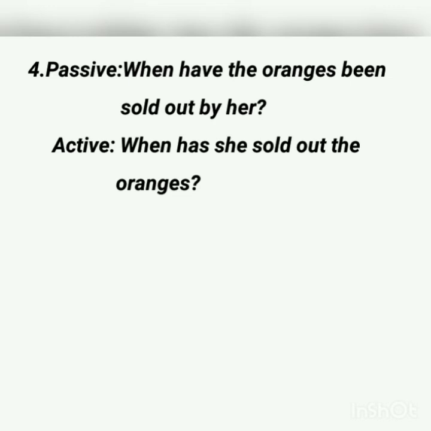Its subjective form is she. She is a singular person, so we have to use has. Now let us change into active. Take down when. Has she sold out the oranges? When has she sold out the oranges?